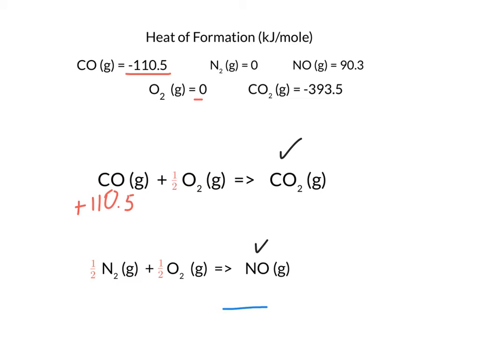Again, from the textbook, I always see that my elemental form of oxygen here, which I only need a half of because I only need 1 more oxygen to make carbon monoxide into carbon dioxide, I have a 0. So I don't care about the negative or positive side if it's on the reactants or product side. And then finally, carbon dioxide. I see in the textbook that it is a fairly large number of negative 393.5. So that's the only thing we know from the textbook.